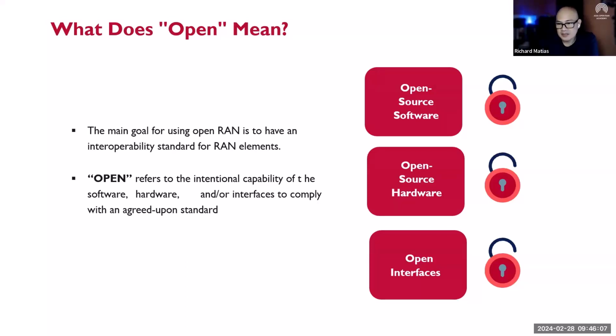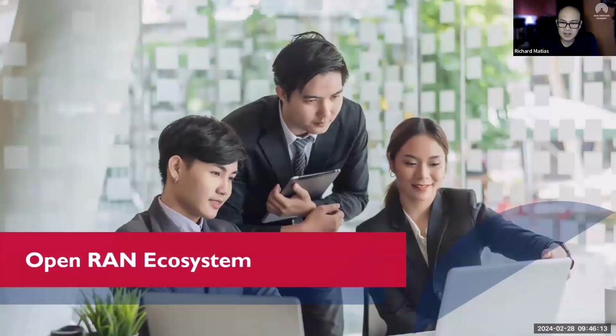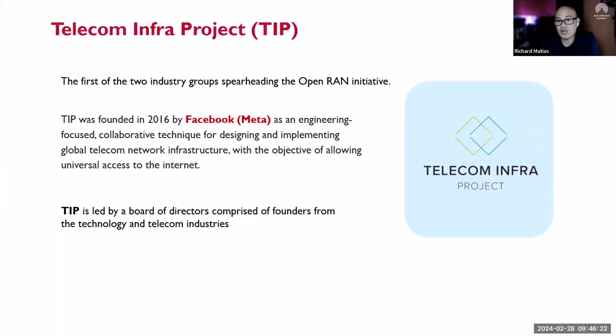Now this is where we are discussing the Open RAN ecosystem. What are the different groups? First in line is the Telecom Infra Project, TIP. TIP was founded in 2016 by Facebook, or what we now call Meta.